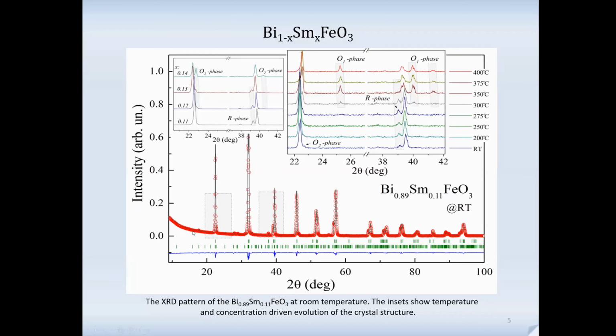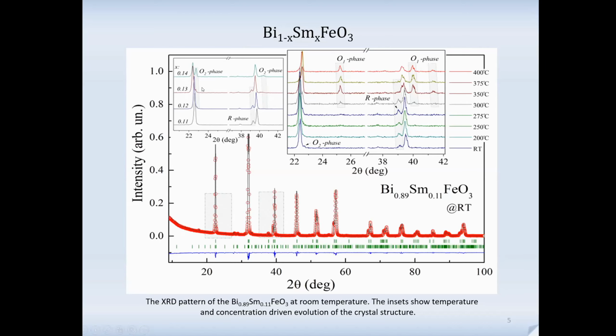And on the diffraction pattern, you can distinguish these two different phases, with the upper rack positions which I ascribe to the R phase, and at the bottom to the orthorhombic phase. So we can clarify the phase ratio for different compounds. And on the inset, you can see that some reflections which can be ascribed to either one or the second phase change with the concentration of samarium.